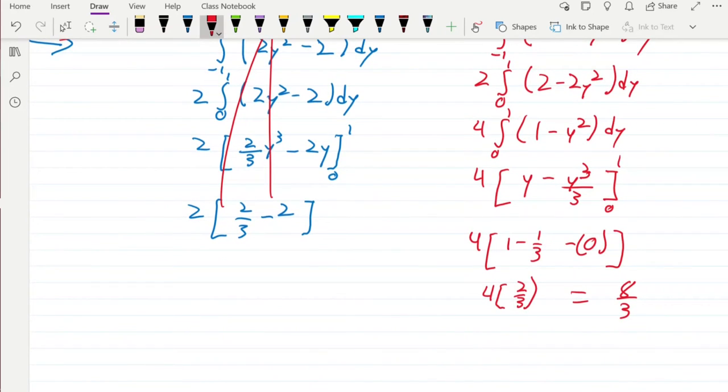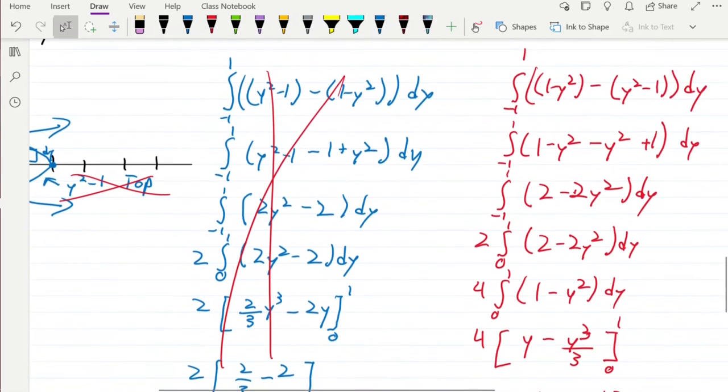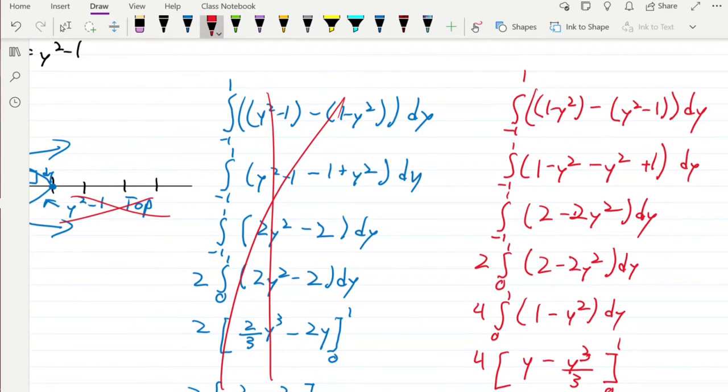I was just going to check the answer for the other one real quick. Yeah, and this one is correct, 8 over 3. But it's supposed to be 1 minus y squared. I just did it initially wrong. I selected the wrong top function.